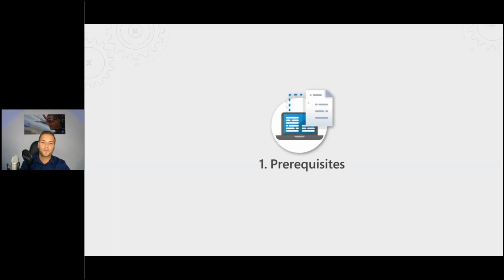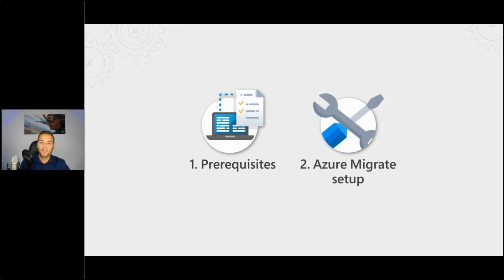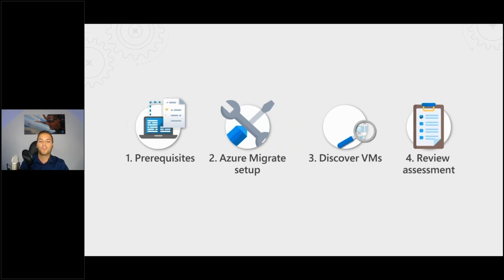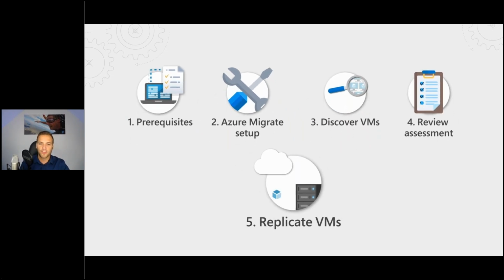So what do you need to do? What are basically the steps that you need to take to go from A to Z and end up in Azure via Azure Migrate? So first of all, you need to have all the prerequisites in place. I will show you what the prerequisites are in some next slides. After you're done with the prerequisites, you can start with the Azure Migrate setup. Then you discover your virtual machines, which basically collects the information outside your virtual desktops.